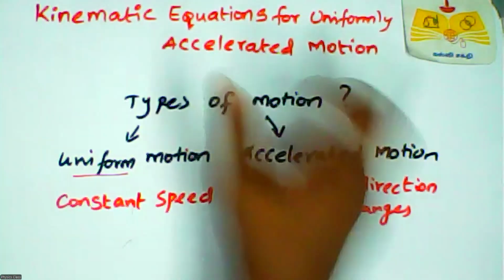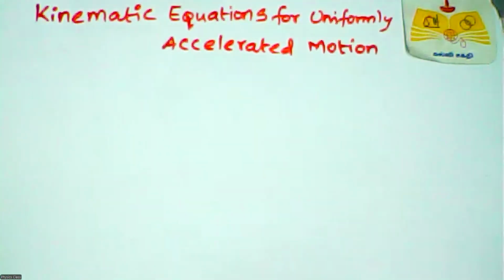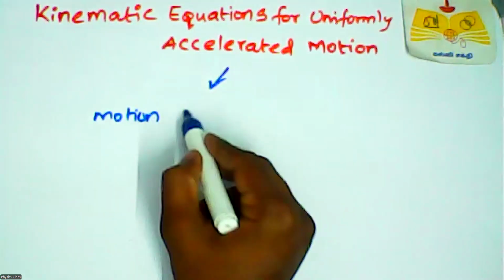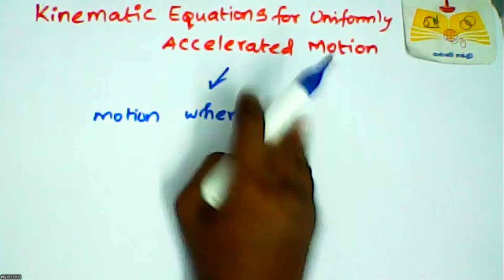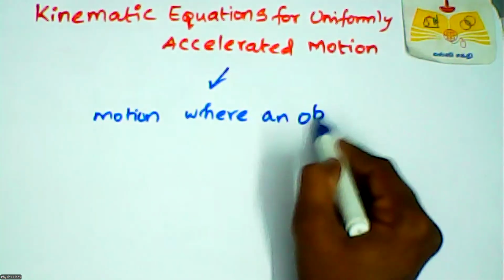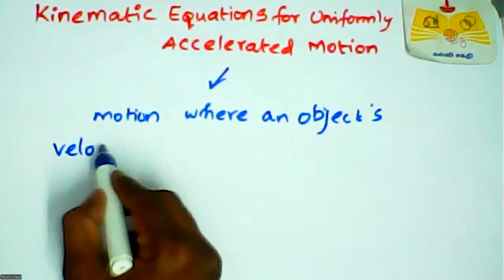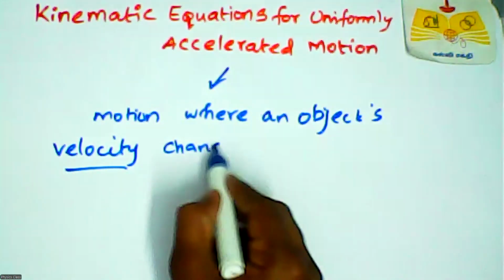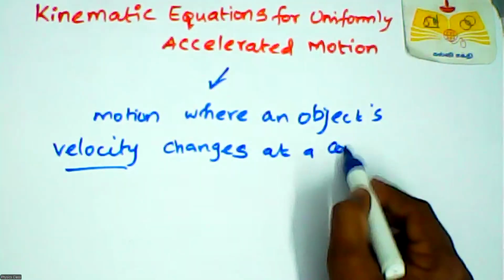So uniformly accelerated motion refers to motion where an object's velocity changes at a constant rate.